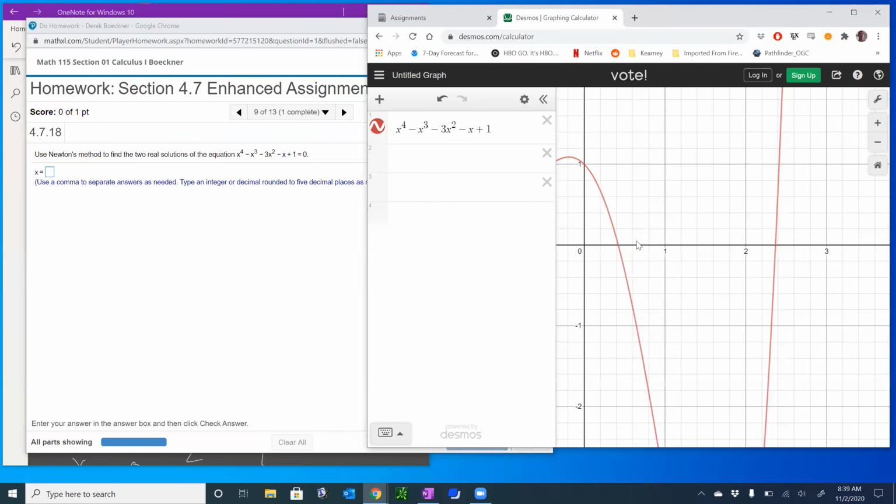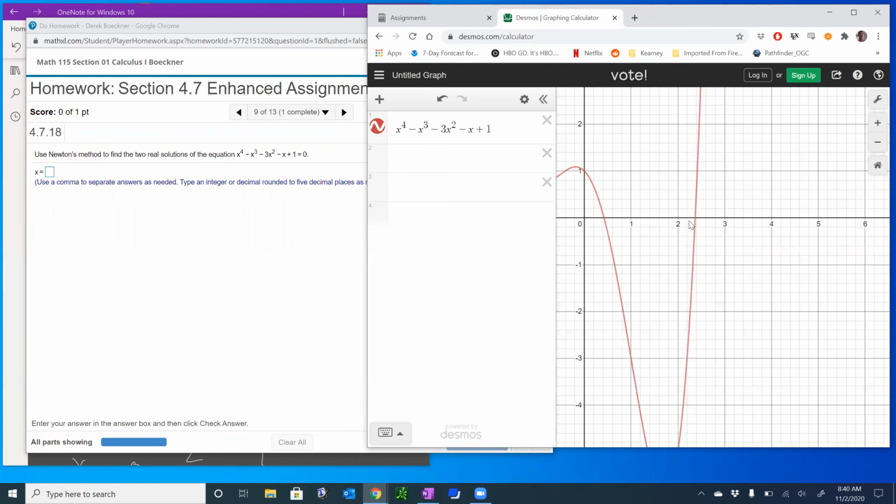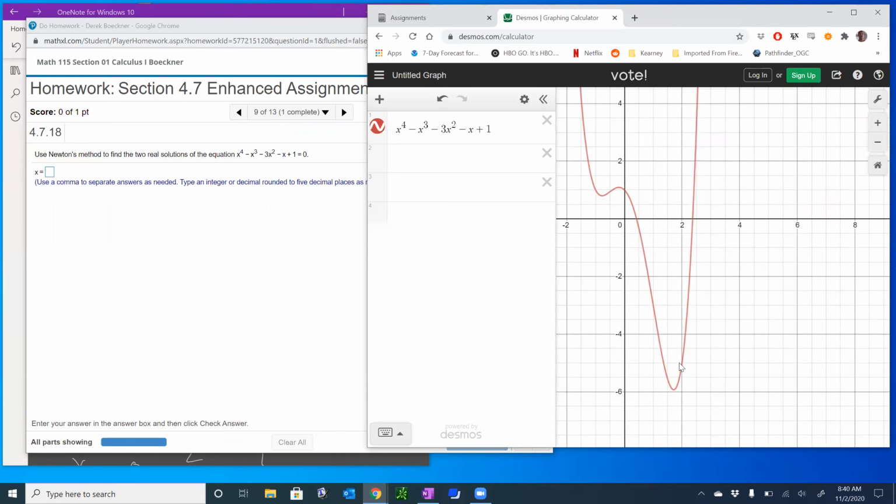One is around 2/5. So maybe I put in a half, start with a half, that's going to bring you here. You're going to follow the slope down, it's going to get you closer. You can come back up to here, follow the slope down, it'll get you closer again. And then you could use 2 if you wanted to. And if you use 2, you start here, you follow the slope down, you end up way up here.